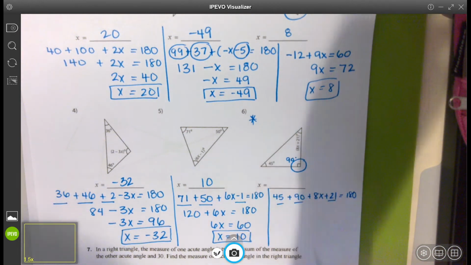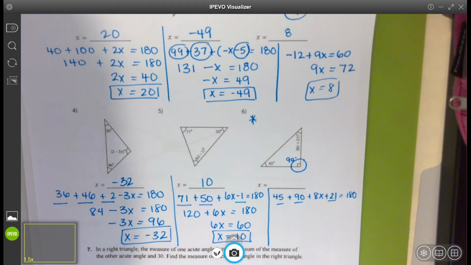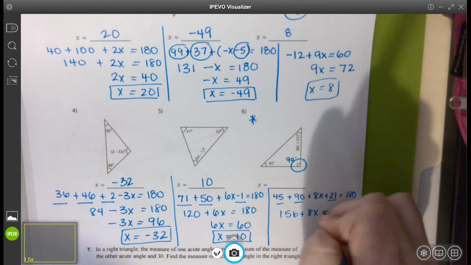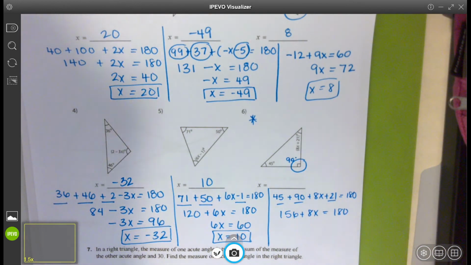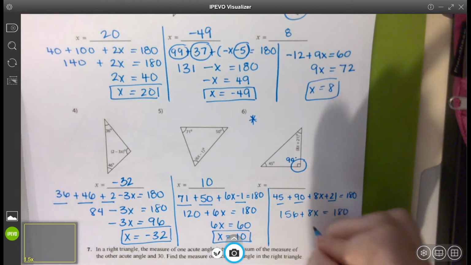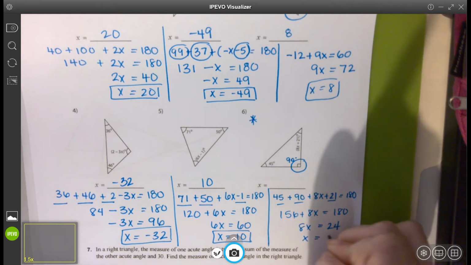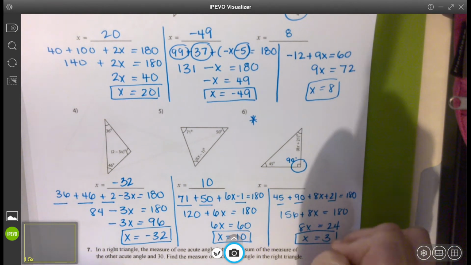So again, combine like terms. So I have 45 plus 90 plus 21. So 156 plus 8x equals 180. So I'm going to subtract 156 from both sides. So 8x equals 24, making x equal 3.